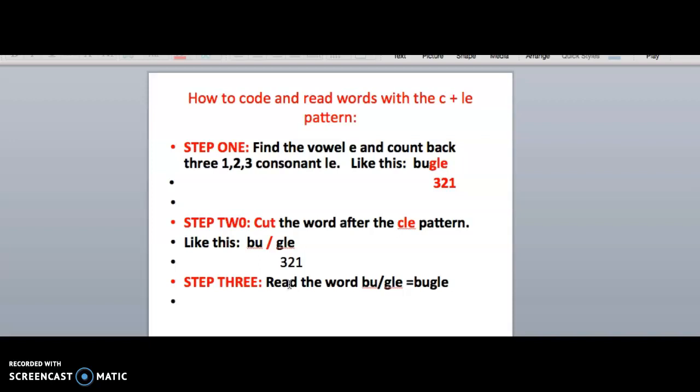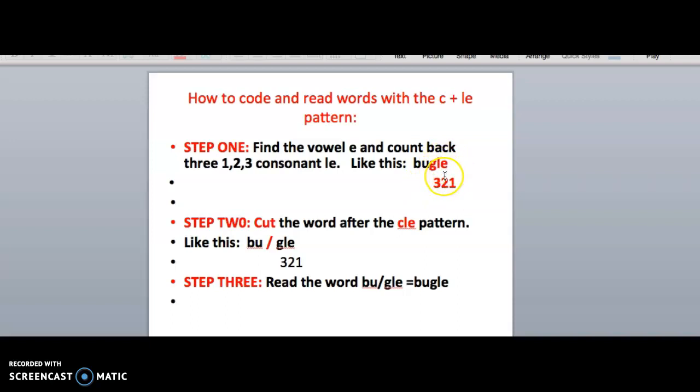So with step one, when we don't know a word, our step one is always to find our vowel, right? And we know when we see the E at the end of a word, we have to count back 3 and say 1, 2, 3, consonant LE. Just like this word. I see my E at the end of the word.